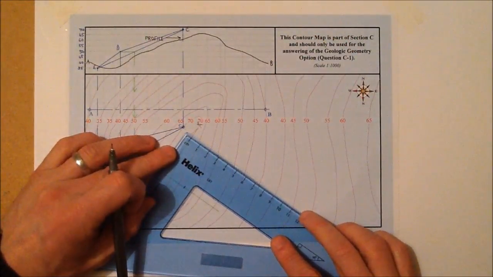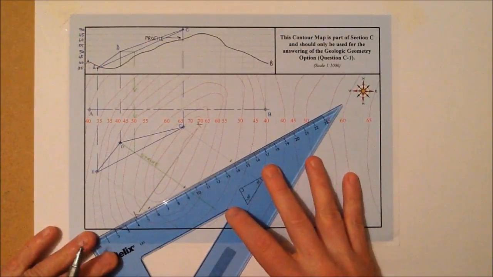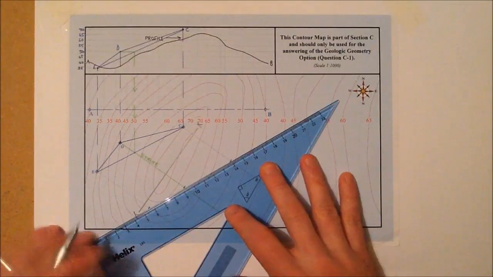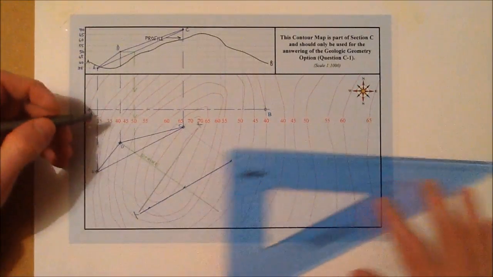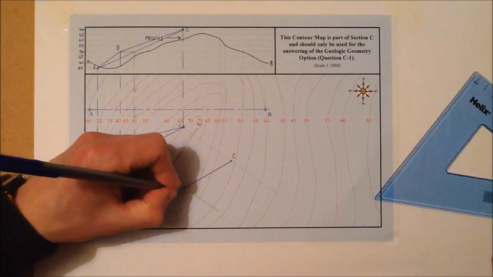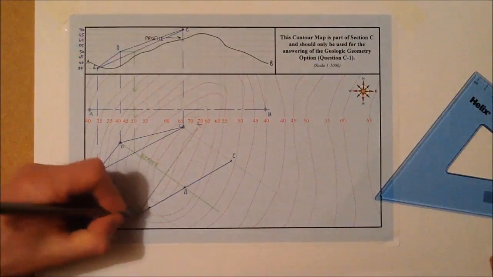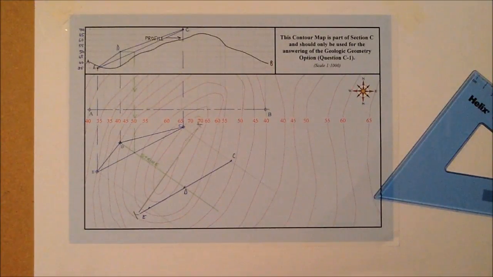And point C. Okay, so if you join those 3 points, you'll notice that they appear as a straight line, which is correct. Alright, so I'm just going to mark them in. You have C, D, and E.